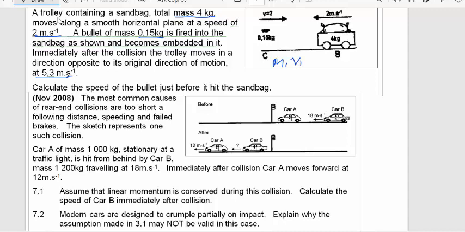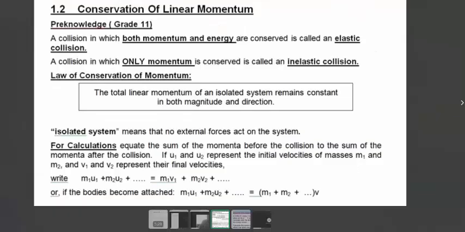M1v1 plus M2v2, and since it will be embedded, for the right hand side we are going to be using the formula where the bodies become attached. So this right hand side means that mass 1 and mass 2 will have the same velocity, right? Because the bodies will be attached.